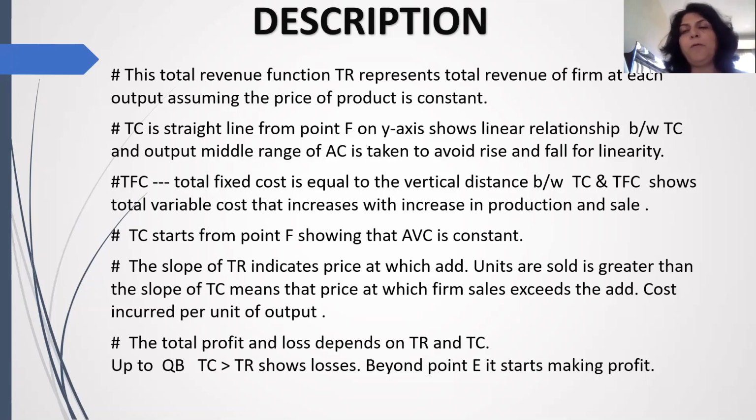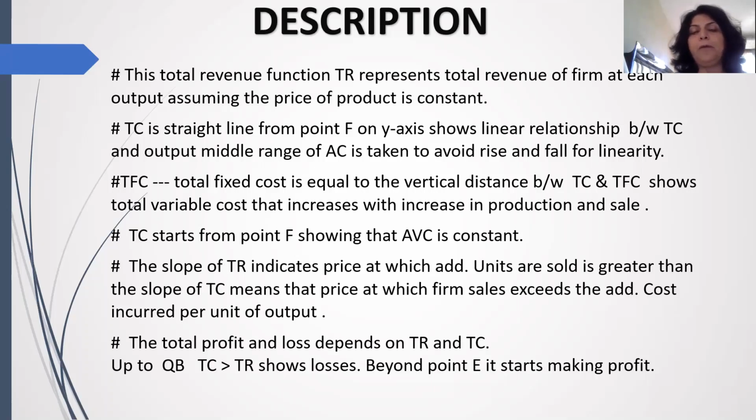Obviously, the slope of TR is greater than the slope of TC, because the slope of TR shows the price at which additional units are sold, and the slope of TC shows the additional cost incurred per unit. So the slope of TR is more than the slope of TC.